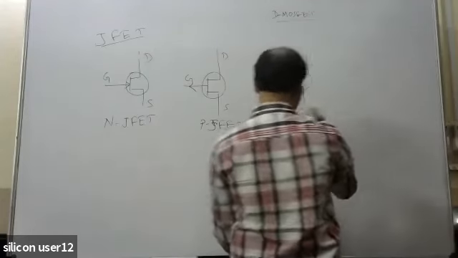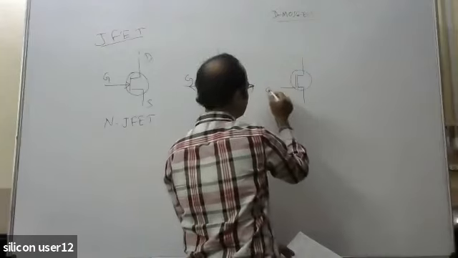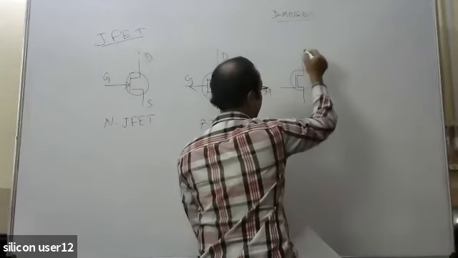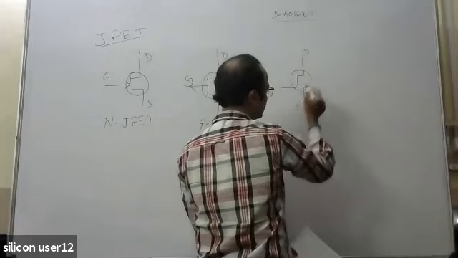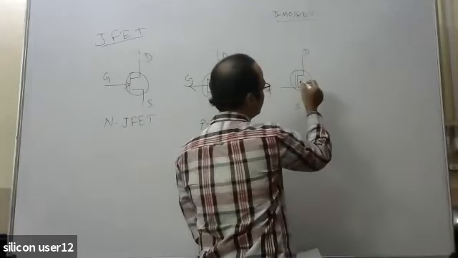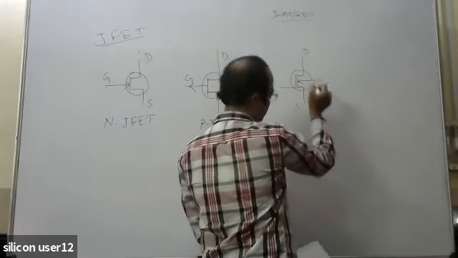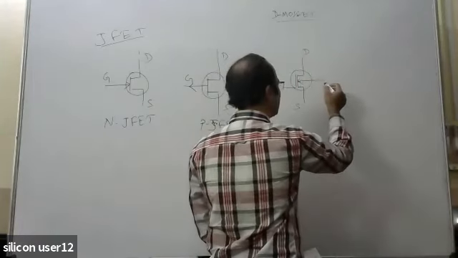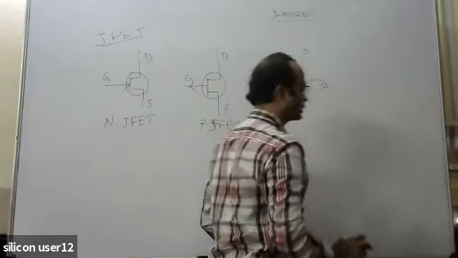This one is the gate, this is your drain, this is your source, and there is another terminal that is called the body. It is called the body, or in short it is called the substrate.